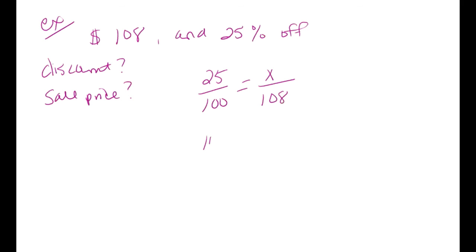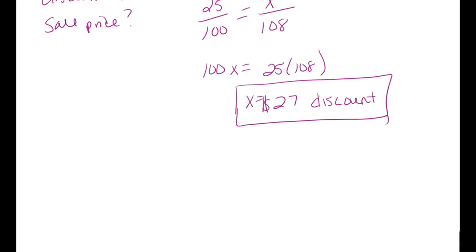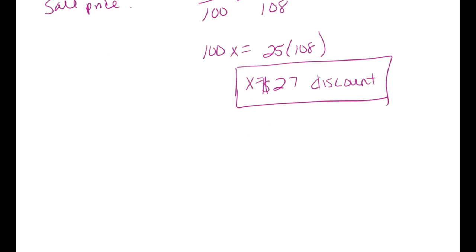Now we're going to cross multiply. And we're going to get X equal to $27. And this is the discount. $27 is the discount.